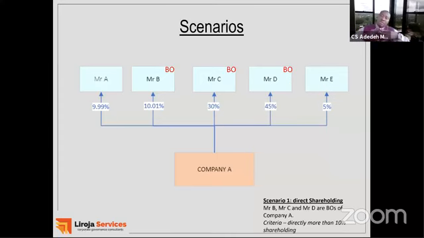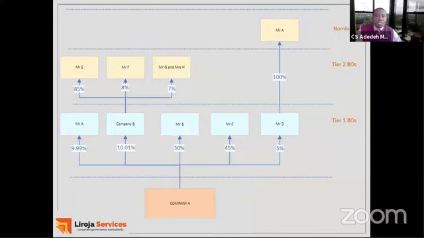Now, do remember that we have 4 criteria. The moment a person meets 1, they are a beneficial owner. They could meet 2, 3, or 4 of them, but the only requirement is for you to meet 1, and automatically you become a beneficial owner.